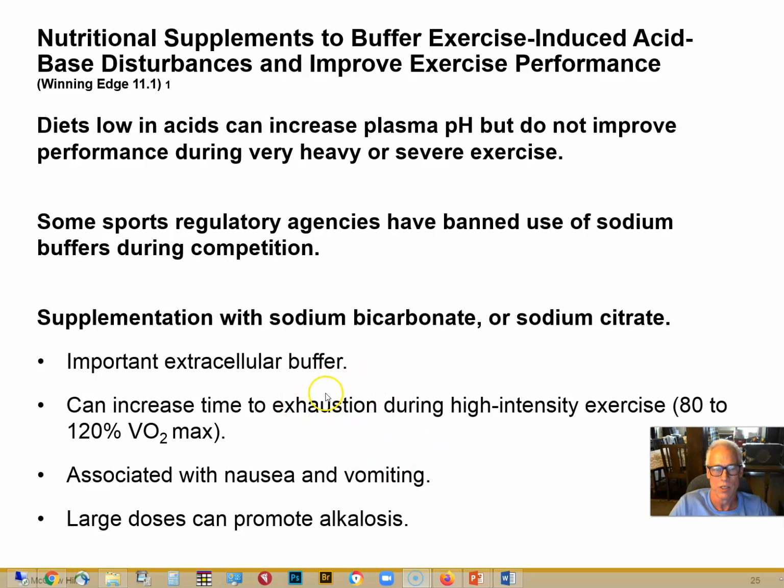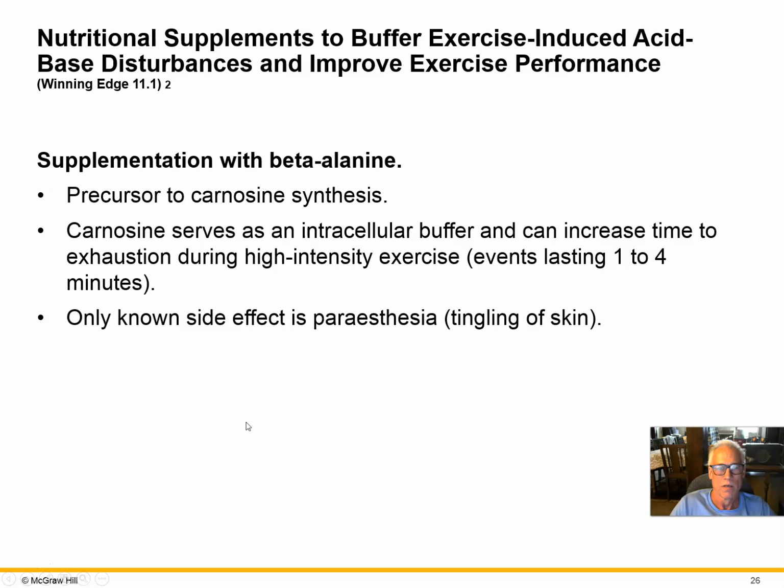It's been demonstrated, and that's a cool thing. Why wouldn't we use technology? But anyway, sometimes it's looked askance at by athletic regulatory organizations that don't really want you to do that. But you can actually improve performance by consuming sodium buffers. You can also improve high-intensity exercise performance by consuming another supplement.